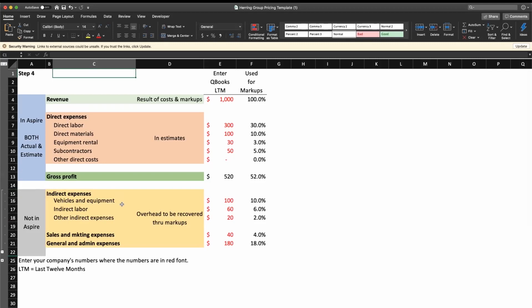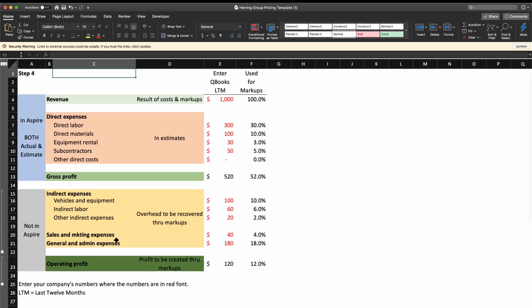They're not in Aspire, and these items are recovered. Their costs are recovered through markups. And then we get down to operating profit, and this is the profit that's created through the markups, and in Aspire it's created by setting the target net margin, which I'll demonstrate here in just a minute. So just using simple numbers here to illustrate.